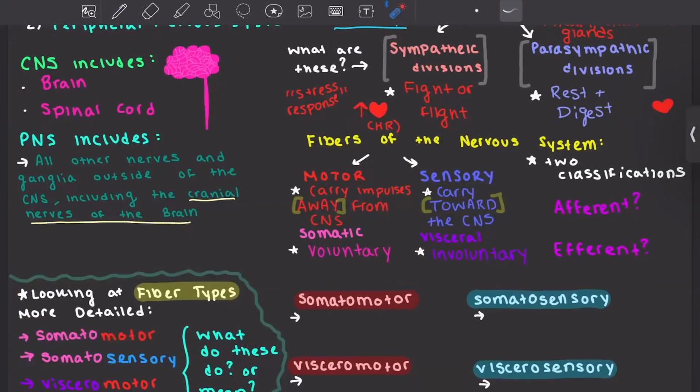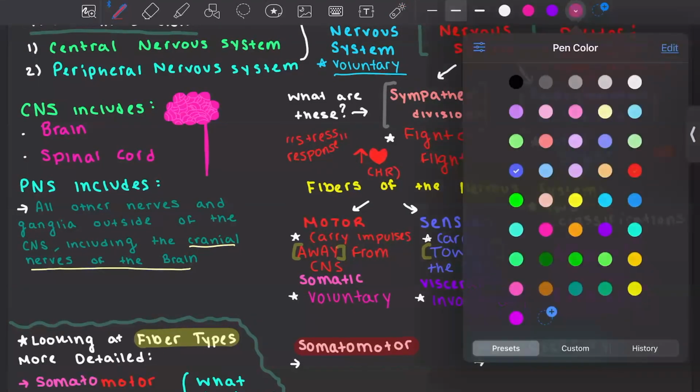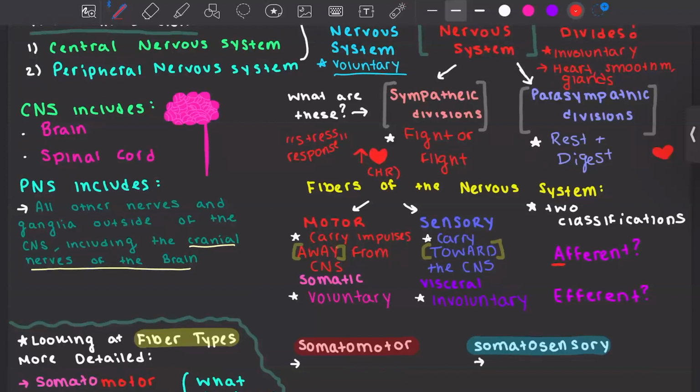I do want to note though, you will probably see afferent and efferent a lot as well, and these are interchangeable with motor and sensory sometimes. So afferent, you would think afferent away, but it is not.